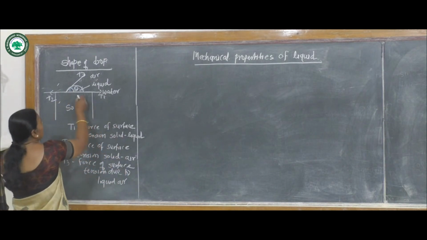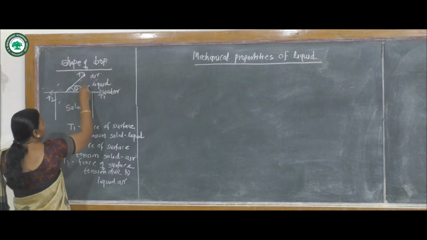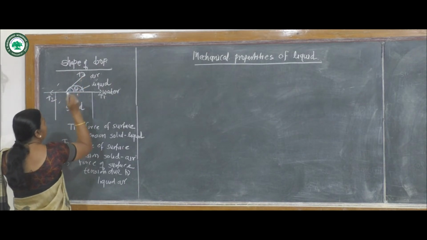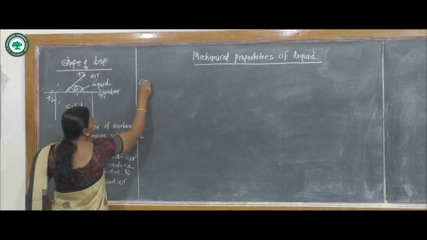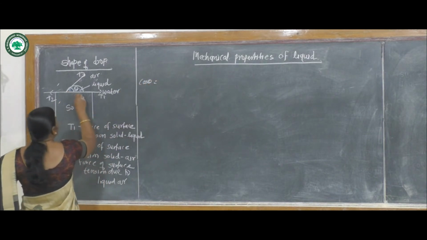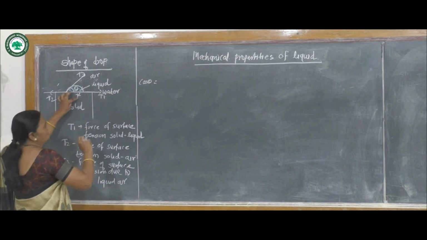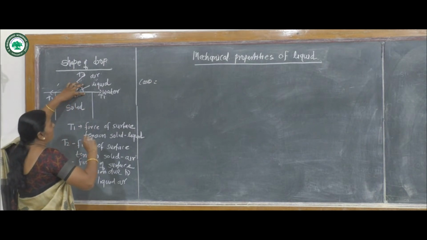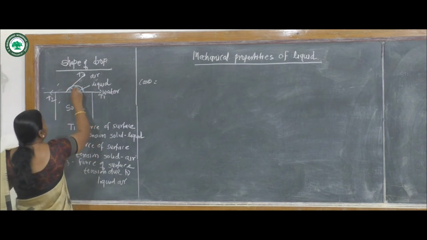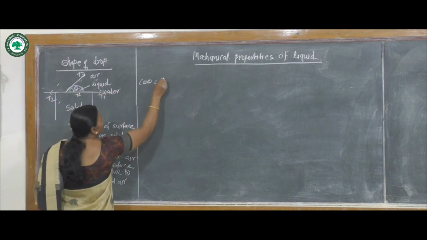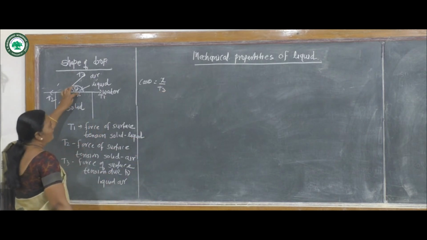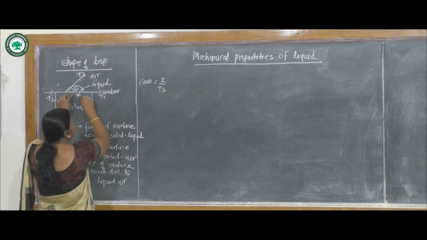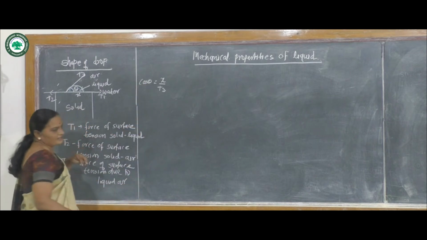See, this is T1, this is T2, this is T3. Now suppose we have to find this side. Suppose cos theta is equal to x divided by T3, since this is angle theta. This unknown side is called T3 cos theta.